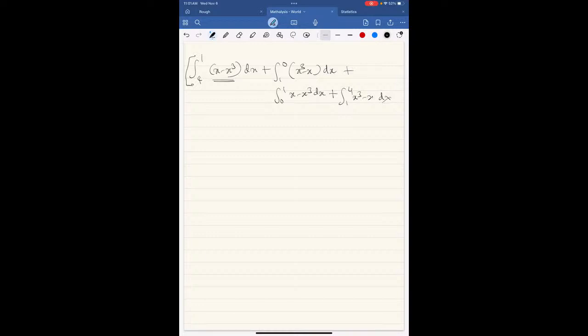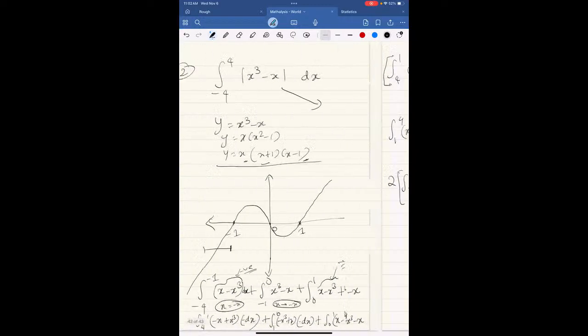So we can write this as 1 to 4 x cube minus x dx, plus 0 to 1 x minus x cube dx, plus 0 to 1 x minus x cube dx, plus 1 to 4 x cube minus x dx. Now this can be written as 2 times integral from 1 to 4 of x cube minus x dx, plus 2 times integral from 0 to 1 of x minus x cube dx.